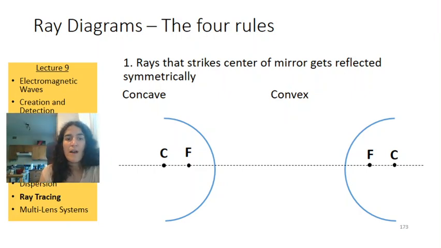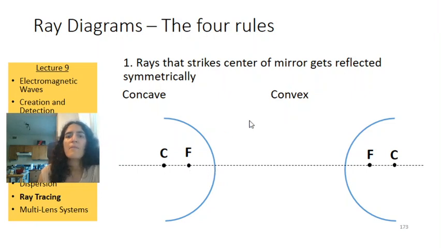For a spherical mirror, you would identify two points that are relevant. One would be the center of the circle that's created by that sphere, and the other is the focal point. It turns out that this focal point is half the distance of the center.